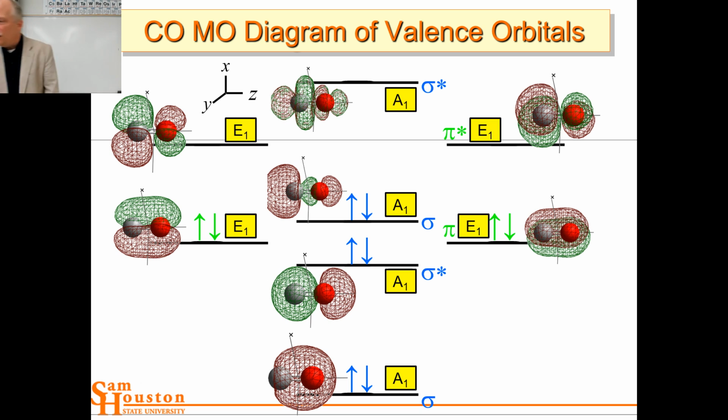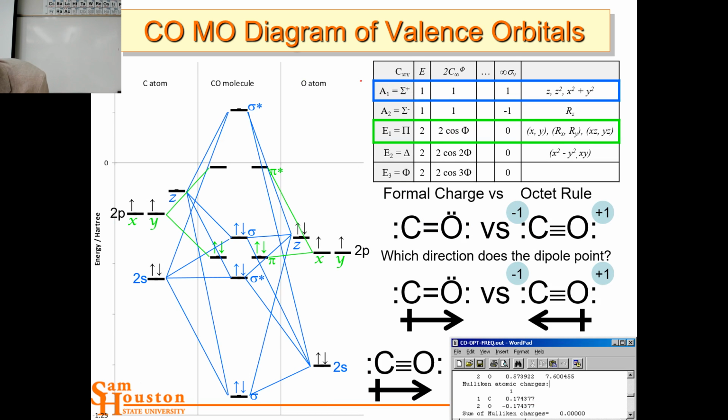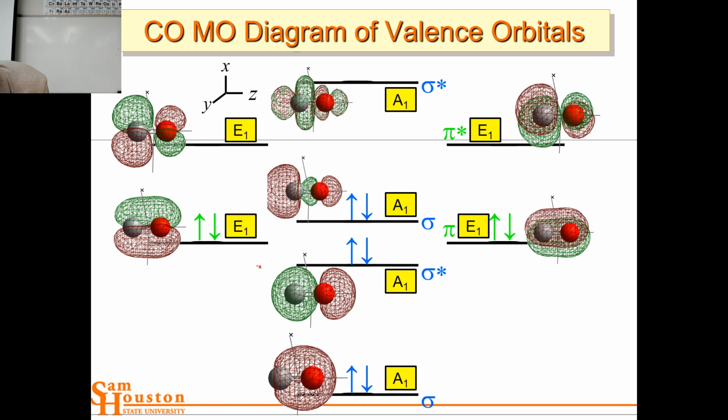So we have down here the sigma star, the sigma and the sigma star. So these are all of the bonding interactions here. We've taken these bottom 4 and then these ones up on top, and we've put them in here. Again, no nodes in the lowest one, 1 node in the sigma star, 2 nodes in the sigma, and then 3 nodes up here in the sigma star.